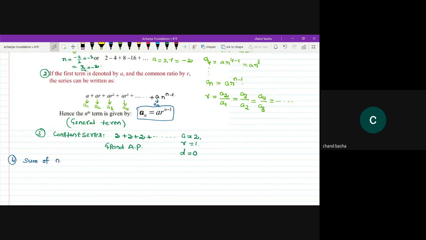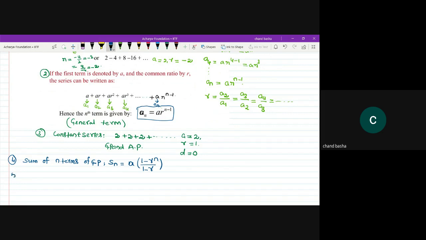So the sum of n terms of AP is Sn is equal to n divided by 2 into A plus L, or n divided by 2 into 2A plus n minus 1 into D. Like this, we have a sum of n terms formula for GP, that is the first term into 1 minus r power n divided by 1 minus r. This is the formula for finding the sum of n terms of GP.